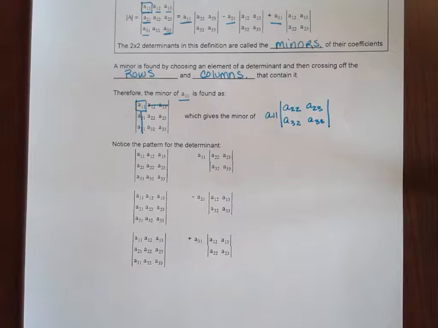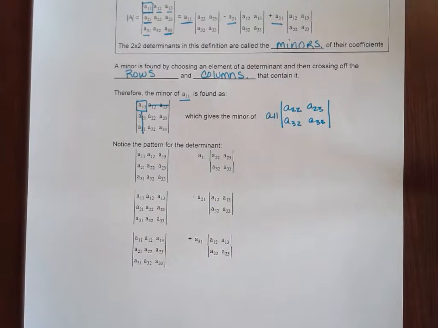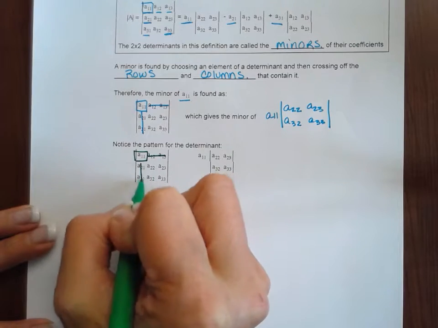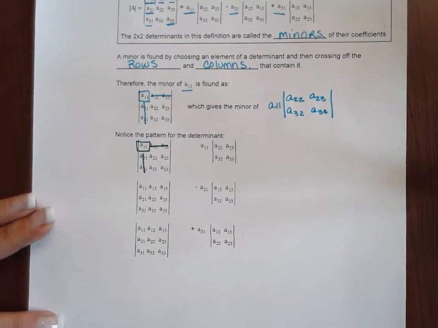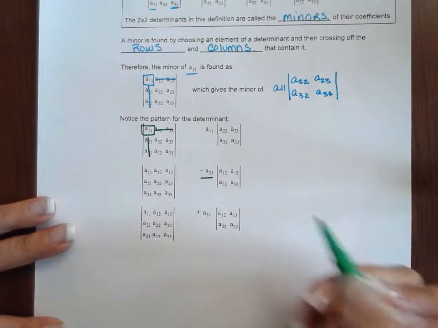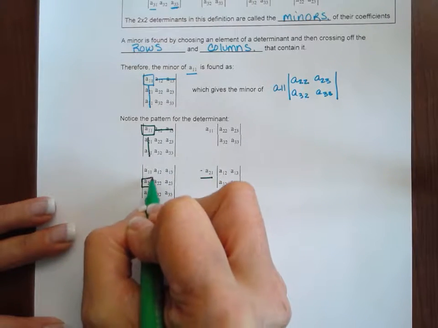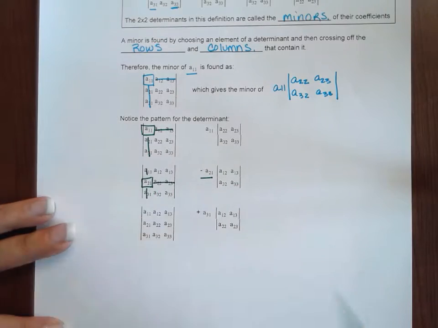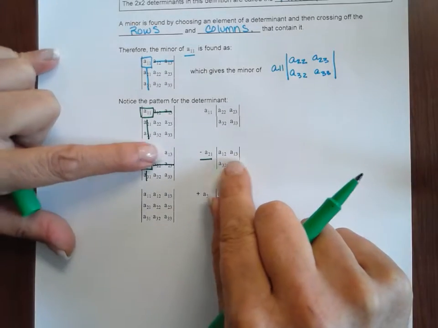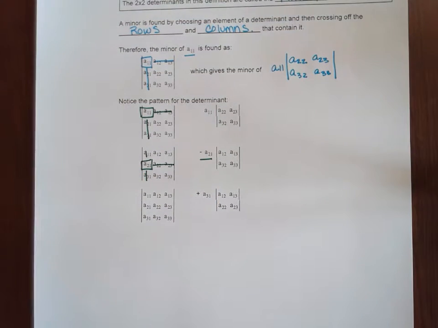But like I said, you have to do it 3 times. Let's look at the pattern of how we get this. If I have A11, I cancel that out. Then I'm using A21, and I cancel that row out, and I get 12, 13, 32, and 33.